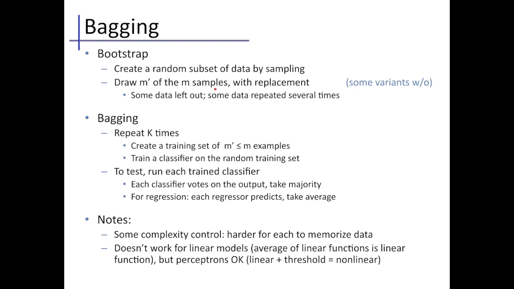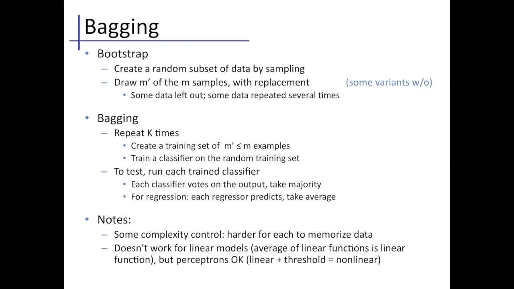So I have M samples and I draw M of them randomly, with replacement. What happens if you do this? Some data are left out because, by chance, they weren't selected, but some data are repeated multiple times. So you have one data set in which some training samples are represented multiple times, but some of the original training samples are not contained within it. That represents one collection of training data.